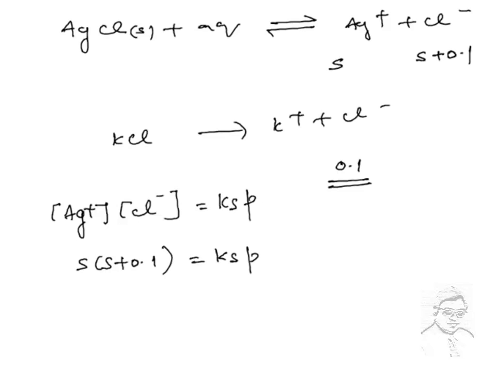Solubility is suppressed due to the presence of common ion. That is the general situation. There can be exceptions. Any questions about this common ion effect in solubility? If you have, let me know.